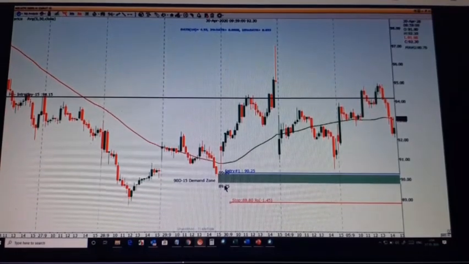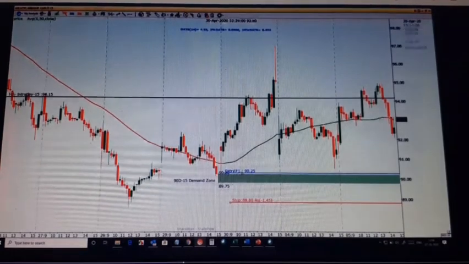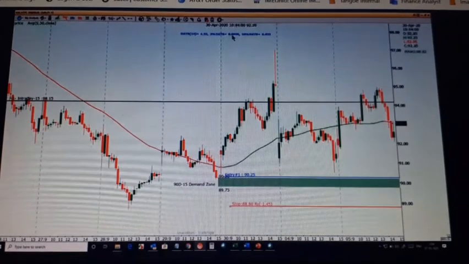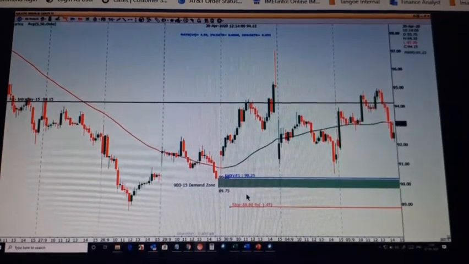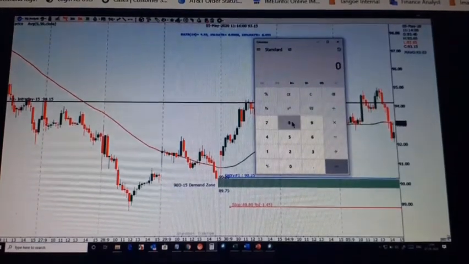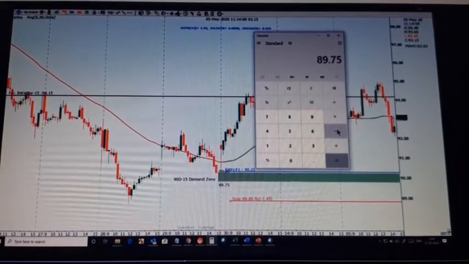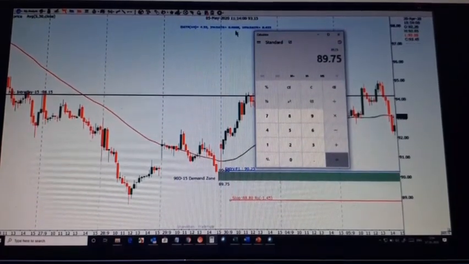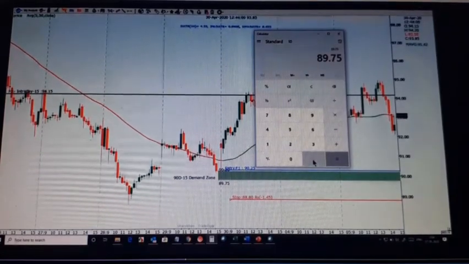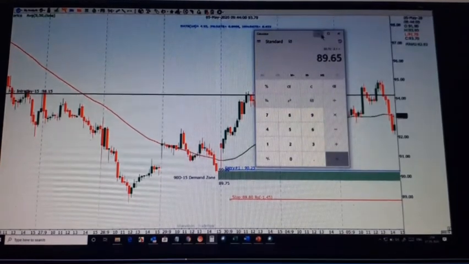So I will subtract in the demand zone this value 0.09 from 89.75. 89.75 minus, or we will just take 0.1, a round figure, which is equal to 89.65.